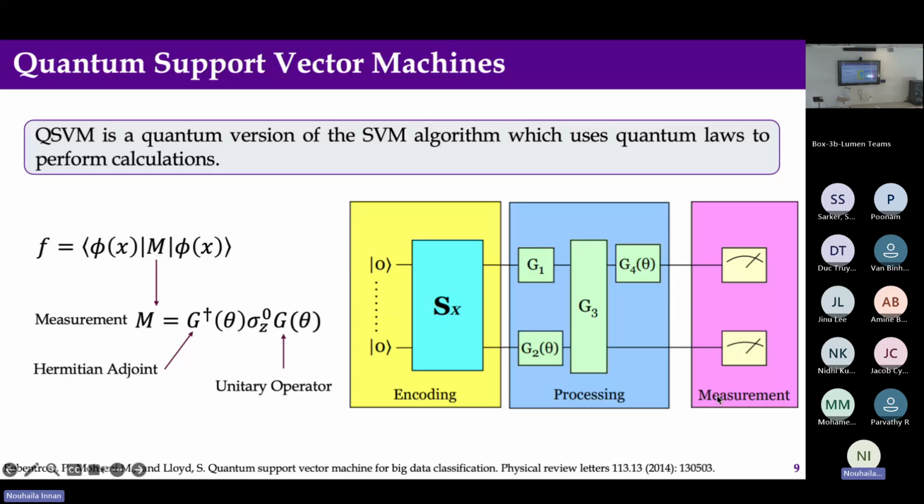It has the same thing: quantum circuit processing, where the encoded data state undergoes transformation via a sequence of quantum gates. For example, here we have G1, G2, G3, G4. This processing step is crucial for implementing the algorithm, then measurement. Then we have the kernel trick, as I explained.